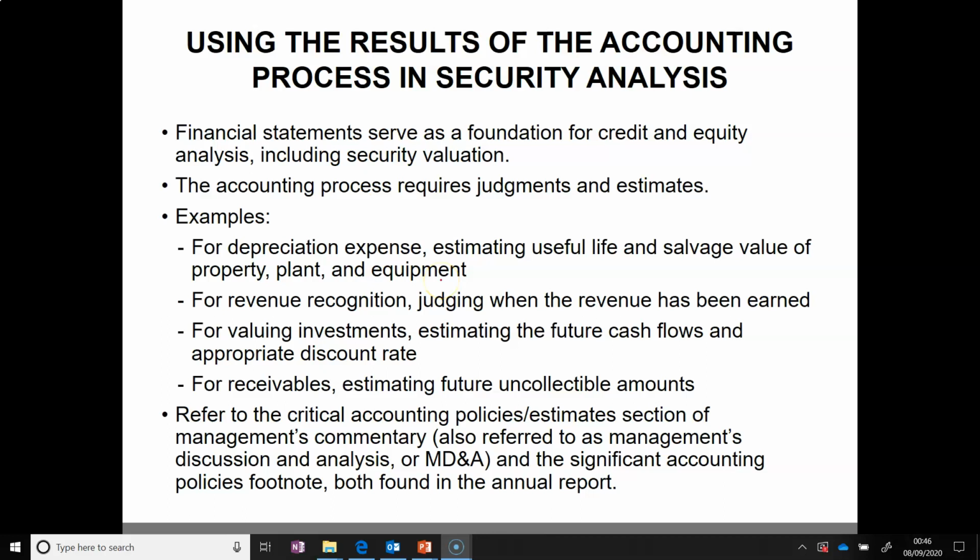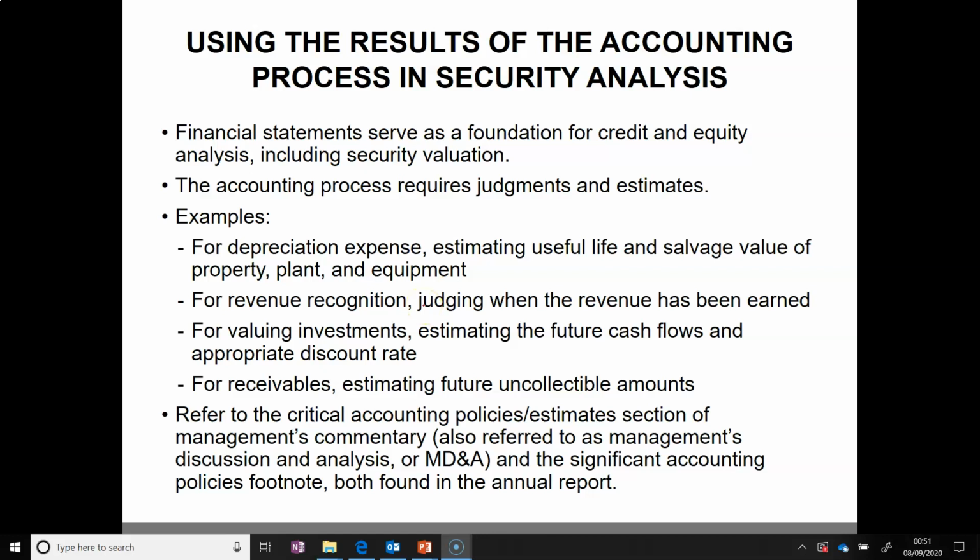In addition, they will need to assess the reasonableness of management's judgment, for example, in accruals and valuation. Because they do not have access to accounting systems or individual entries, they will have to rely on examination of the financial statements to do so.